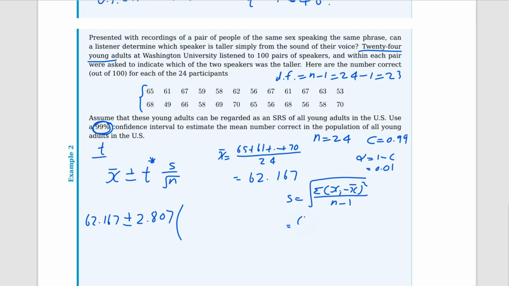So you can say 65 minus 62.167 to the power 2, plus you can go up to 70 minus 62.167 to the power 2, divided by 24 minus 1, and get the square root.